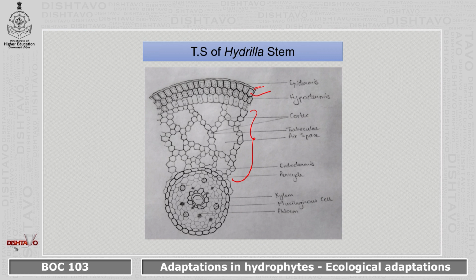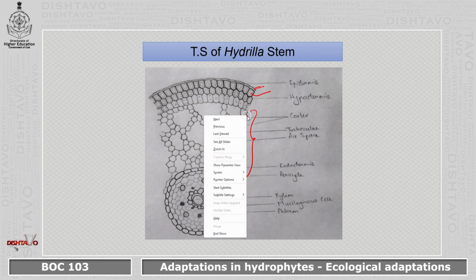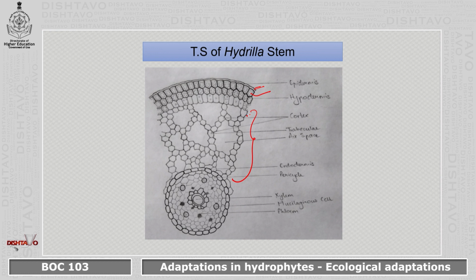Usually cortex takes up the function of storage, and no doubt even here cortex takes up the function of storage, but here you have these cells that are aerenchyma cells. If you look closely, you have these big spaces. These are the air chambers, and this portion is responsible for the floating of the hydrophytes.